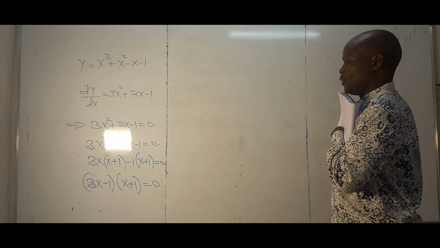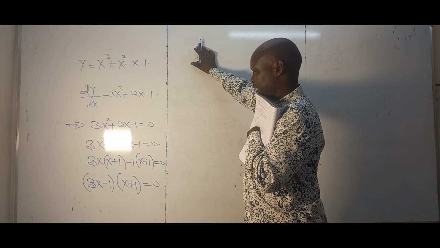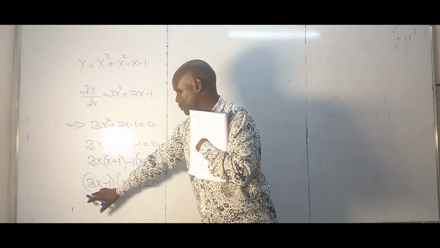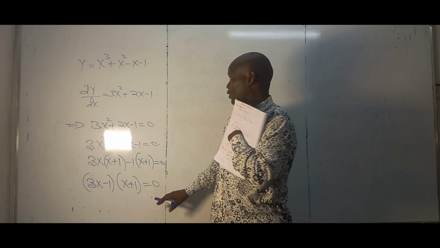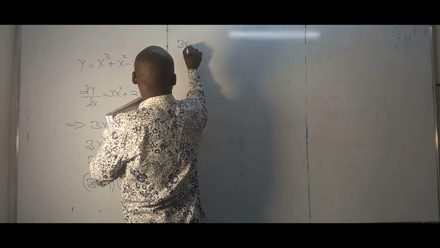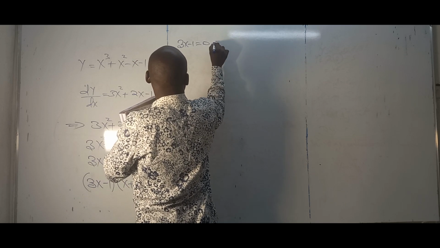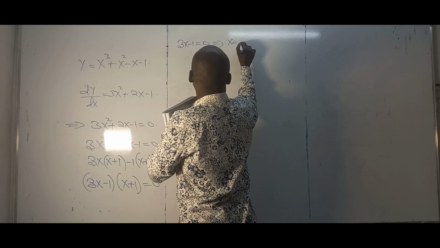So this implies that either 3x minus 1 is equal to 0 or x plus 1 is equal to 0. We take the case where 3x minus 1 is equal to 0, which implies that x is a third.